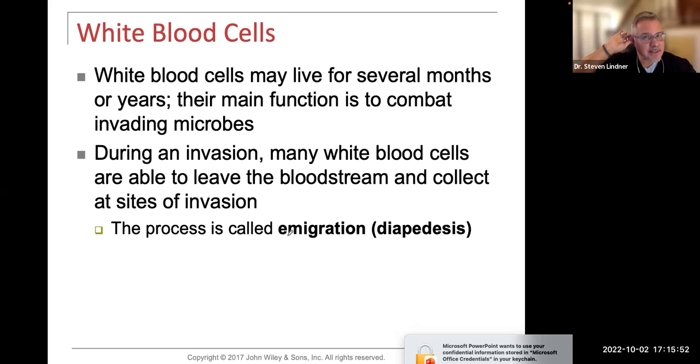White blood cells can live for several months and even years, and their main function is to combat invading microbes. During an invasion, many white blood cells are able to leave the bloodstream and collect at the site of the invasion. When they leave the blood vessels and move into the tissues that are affected, it's called emigration or diapedesis.